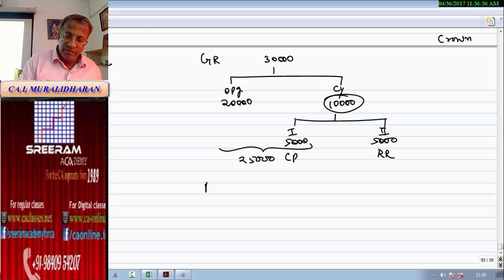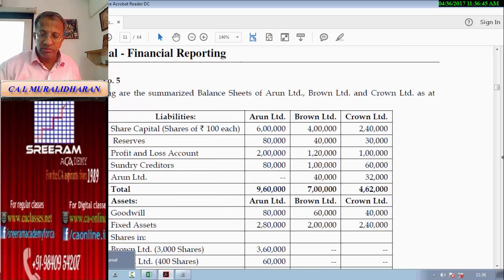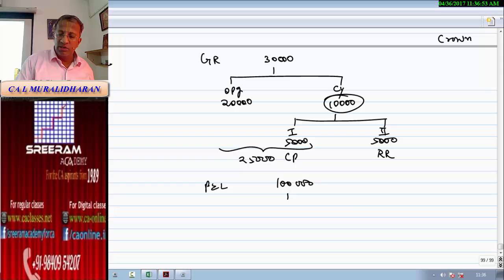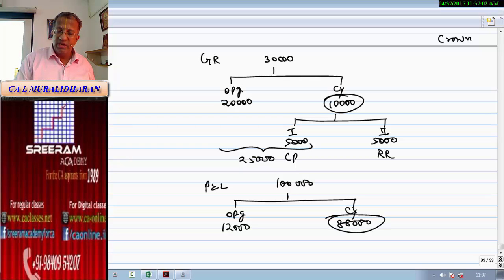Then profit and loss account, a lakh of rupees that you find in the balance sheet of Crown, and how much they have reported as existed at the year beginning? 12,000 only. Opening 12,000, current year 88,000.